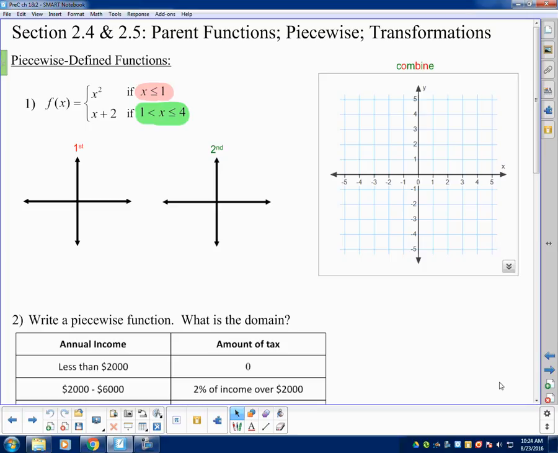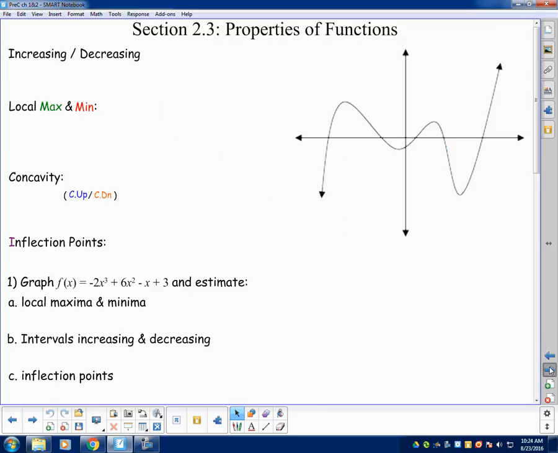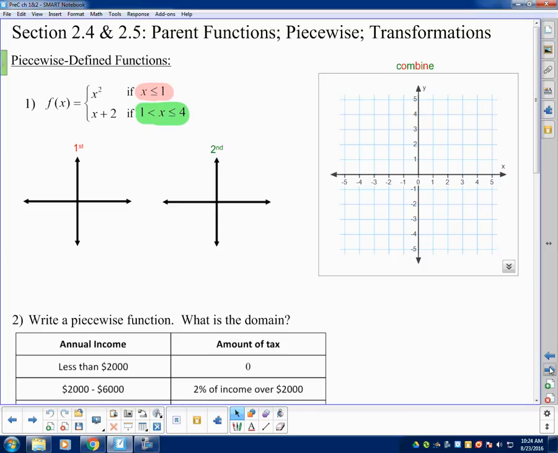So we will start with piecewise defined functions. Piecewise defined functions, different equations on different parts of the domain.